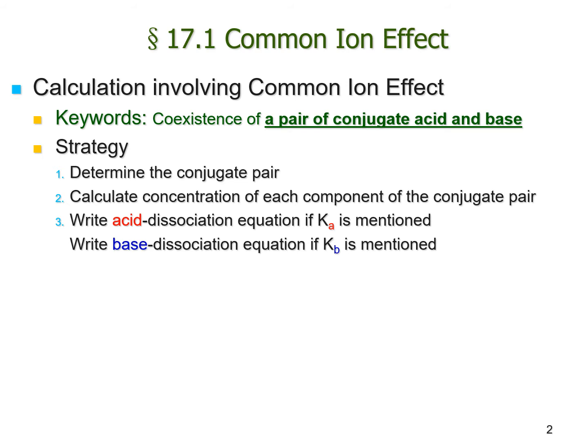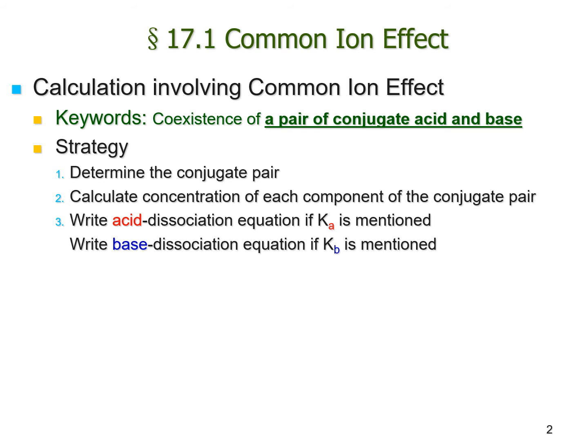For the acid dissociation equation, the conjugate acid must be the reactant. For the base dissociation equation, the conjugate base must be one of the reactants. The other reactant in either dissociation equation must be water. Then we figure out the rest.